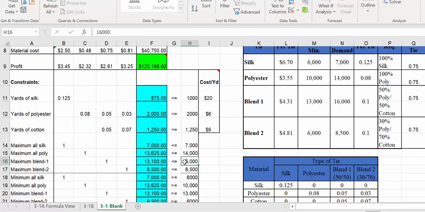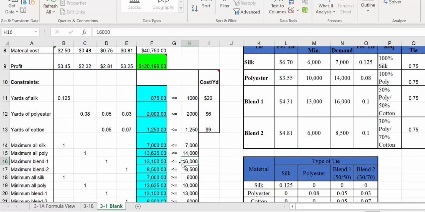Same thing for blend 1. The maximum was 16,000. They said, sure, we can take up to that much. But notice that they were short of that. It's within the range of keeping them happy, but it does fall short. Blend 2 did meet their requirements. So there was some money left on the table in the sense that they could have sold them more.